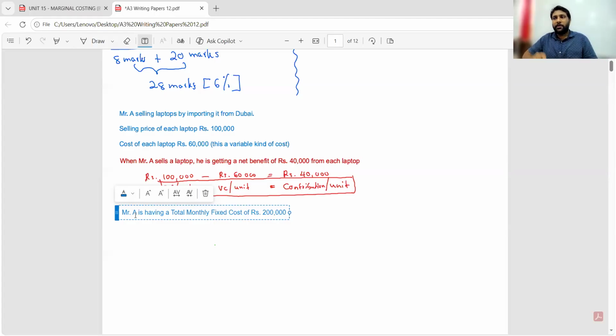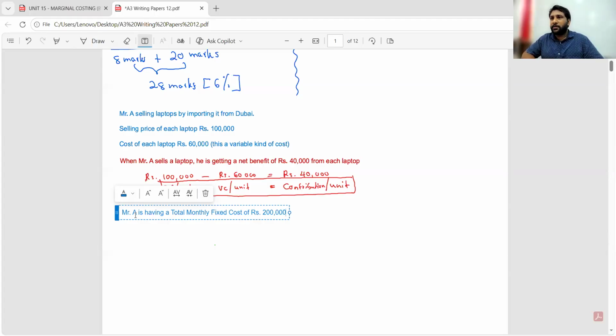Think, everyone tell me. When Mr. A sells every laptop, what is the benefit for his pocket? 40,000. When he is doing a laptop business, will he have only the laptop cost? He will have rent. He will have staff salaries.